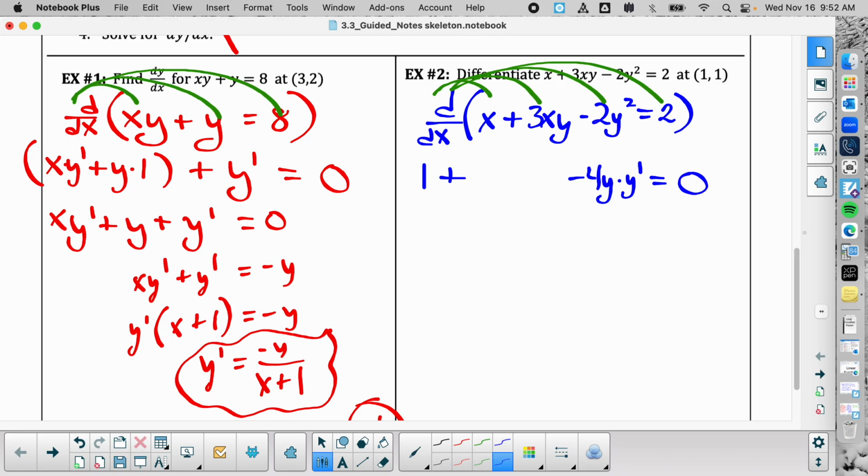Stephen, you feel confident enough about doing product rule on 3xy? Oh, you're even coming up for it? Oh, all right, sold.